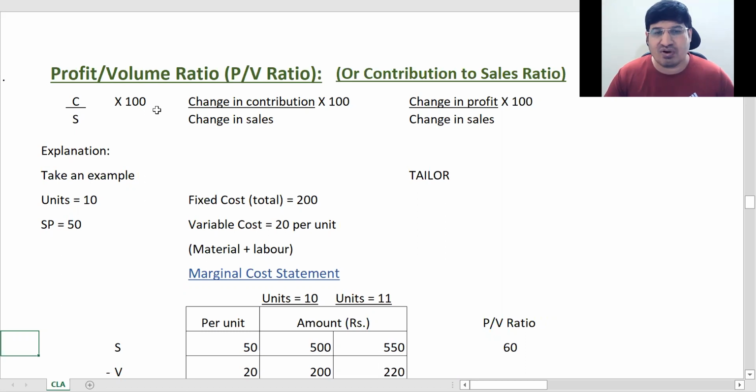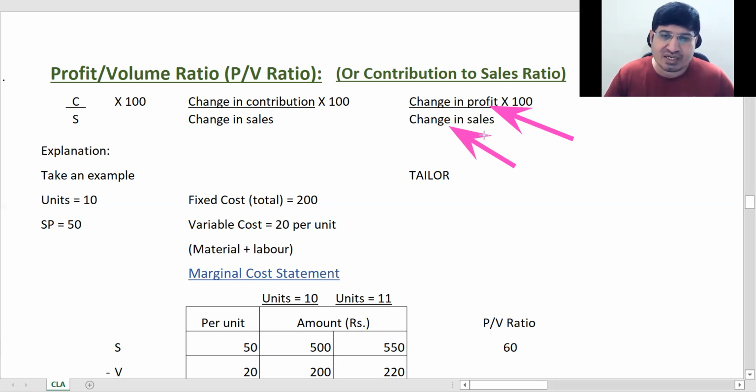Then we also saw an additional way to calculate it: change in contribution upon change in sales into 100. Similarly, if you have the profit figure, you can just do change in profit upon change in sales into 100, and still you will get the contribution figure.